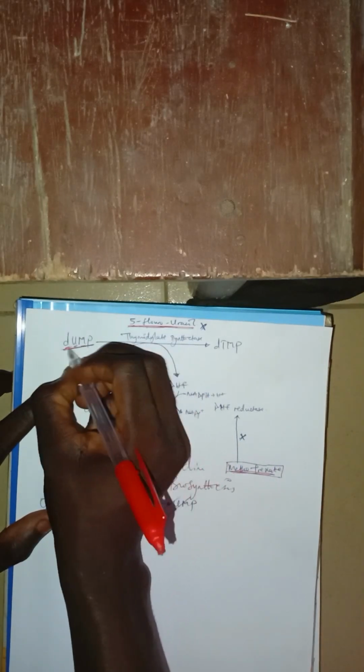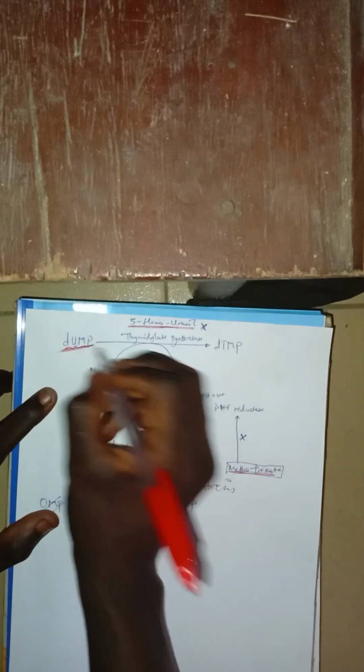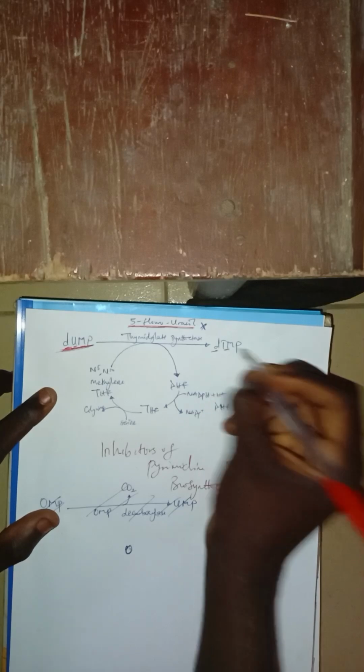in short, dUMP. We convert this deoxyuridine monophosphate to what? To deoxythymidine monophosphate. Let me check whether I have that part here. Okay, remember this part whereby I converted, you can see it here now, this dUMP to deoxythymidine monophosphate.